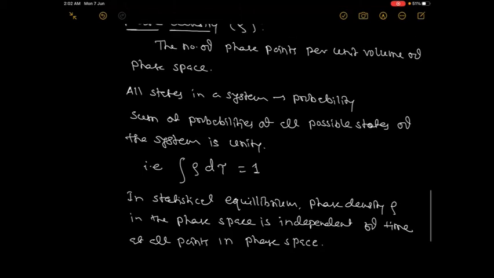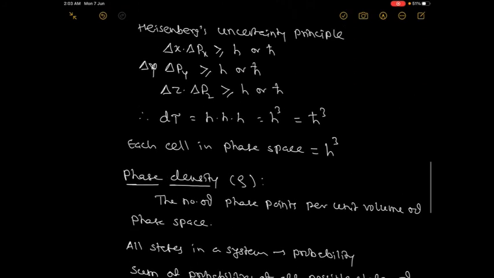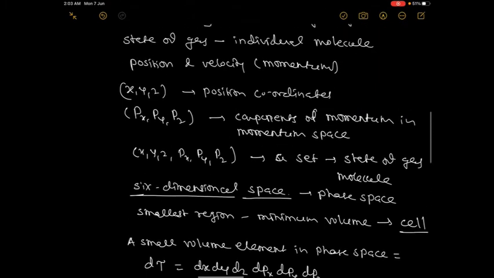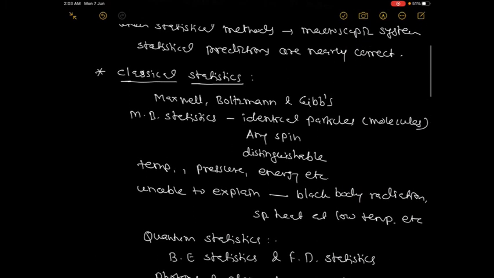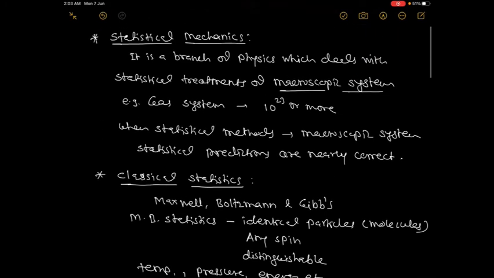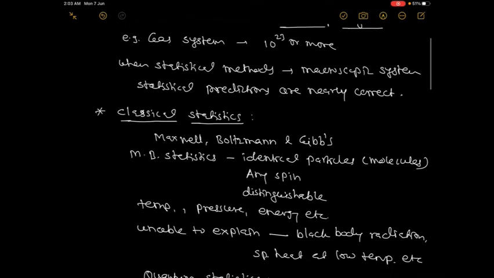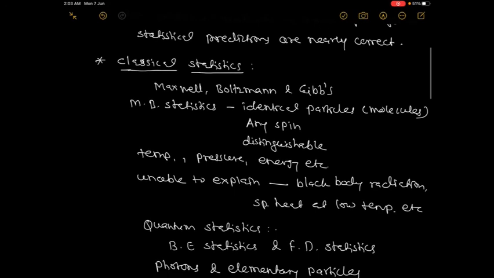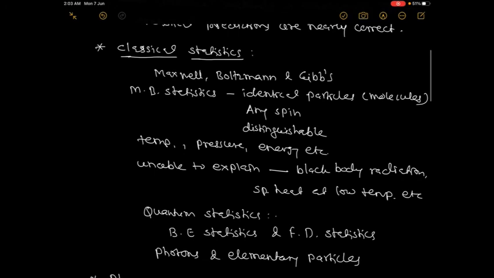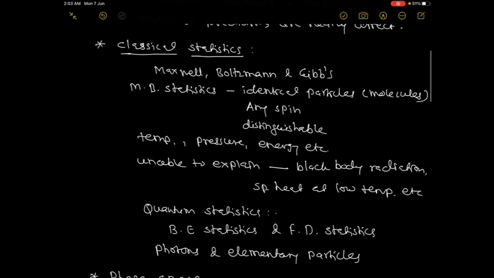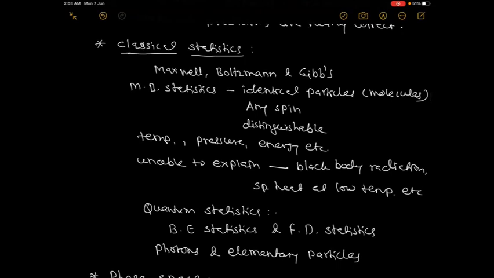Hence, remember, in that lecture we explained various terms like the classical statistic, known as Maxwell-Boltzmann statistic, and it is applicable to all identical particles or molecules having any spin and distinguishable.